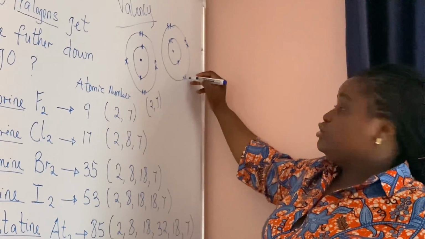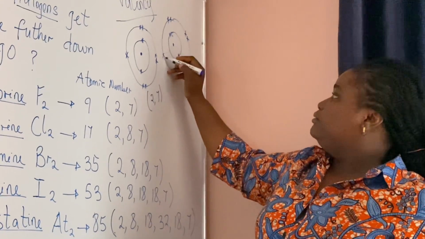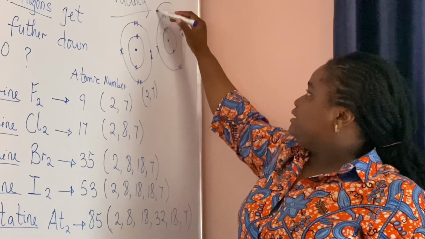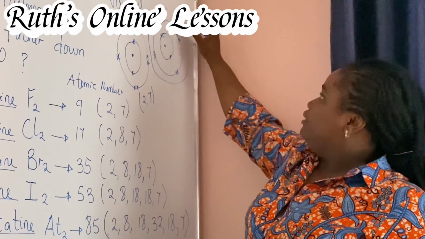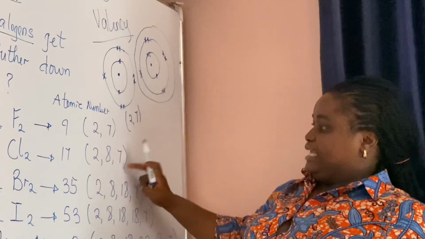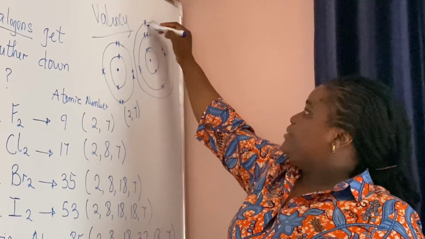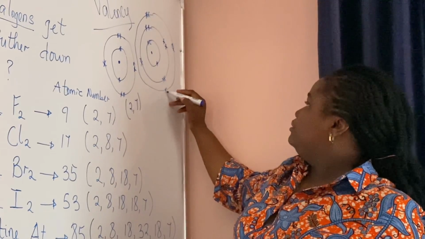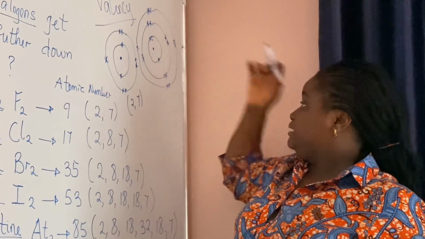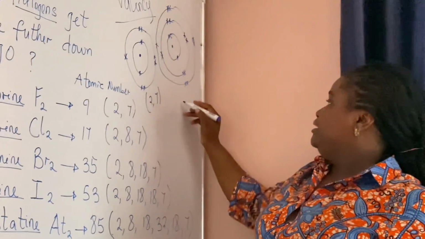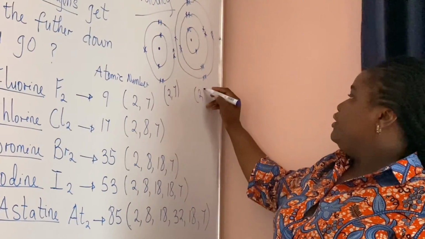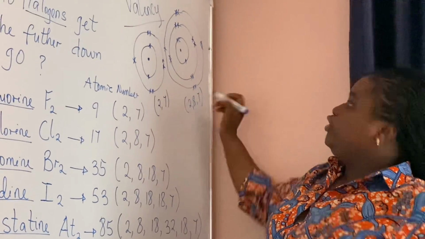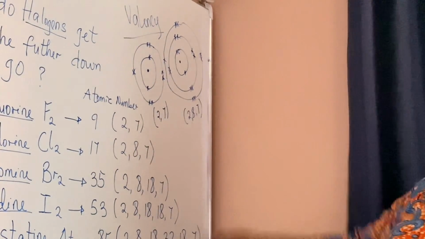This is Niels Bohr's model. This is 2, 4, 6, 8, and this is the third shell, 7. So coming in pairs, 2, 4, 6, and 7. So this is chlorine, and this is 2, 8, and 7.